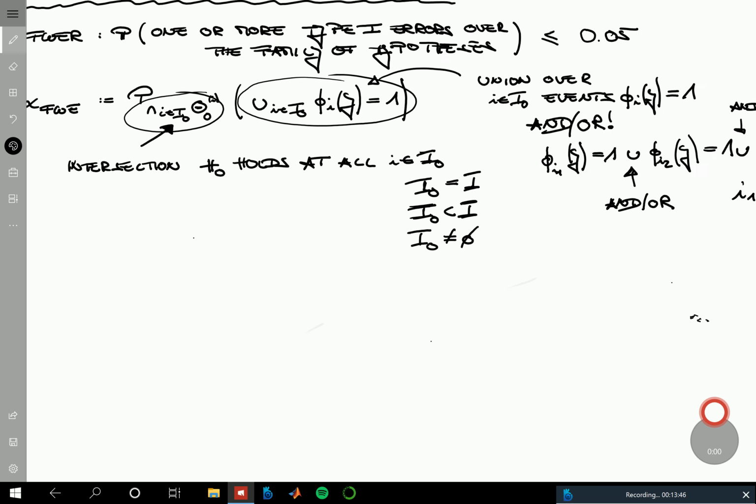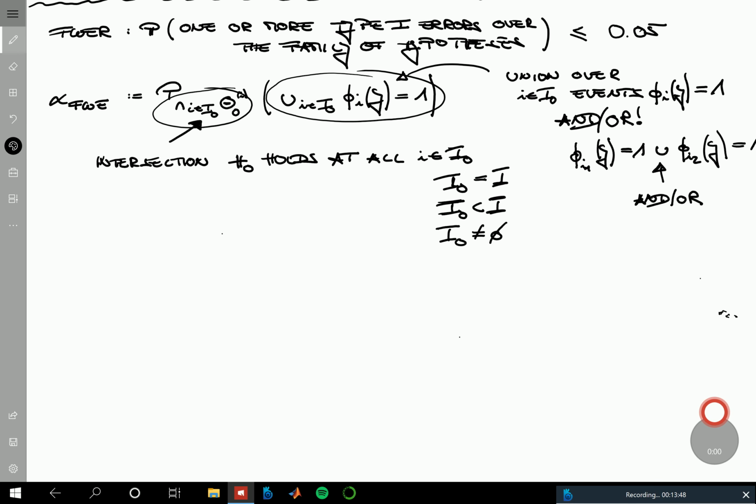So a little bit more to get used to is this union statement that is just a logical union, which is an AND/OR union.